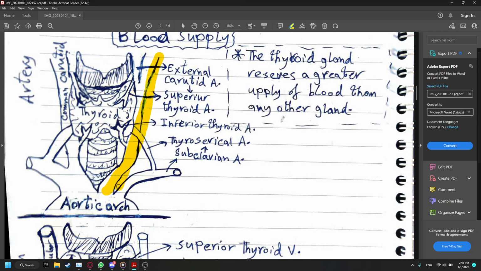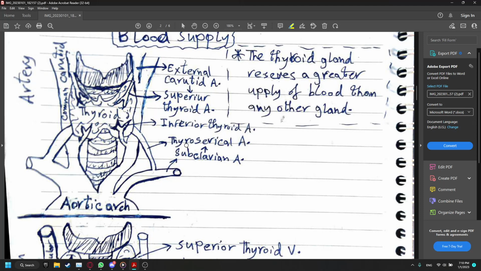This common carotid artery separates and makes another artery called the external carotid artery. This external carotid artery has a branch. Can you see it? It's right here. This branch becomes the superior thyroid artery.